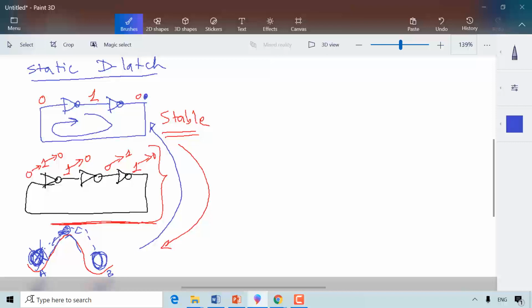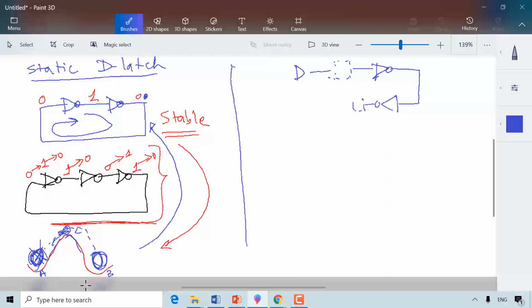So for this system to store and write, I would like to design a system where I have a D input, and somehow there is a switch here, and it goes to a feedback. There is also a switch on this feedback, and it goes up to here, and this is the Q, where I get my output.